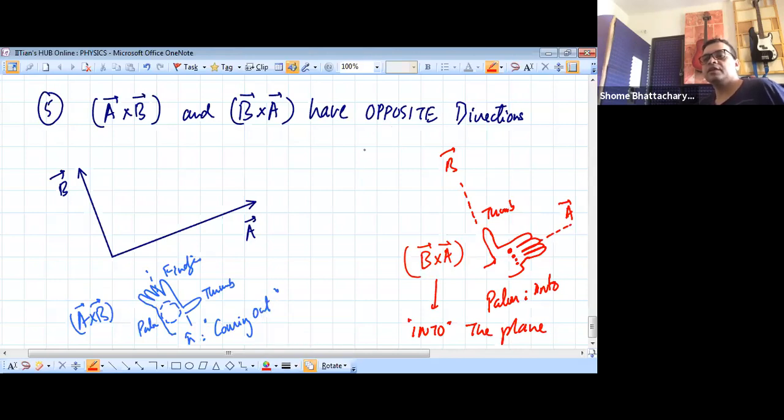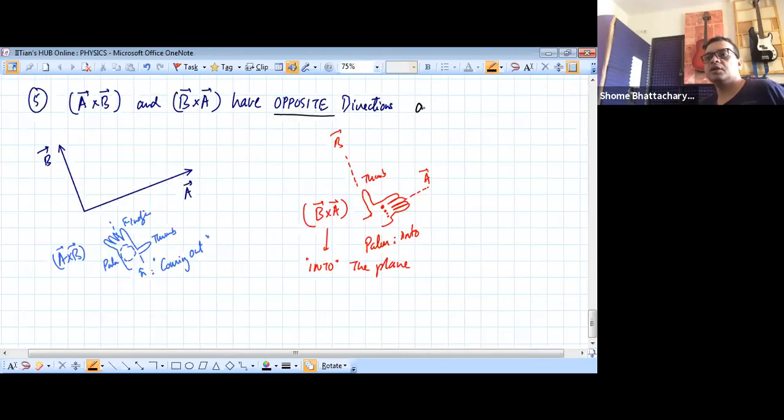So they have opposite directions. For any two given vectors, if A cross B is coming out, then B cross A will be going in. If A cross B is going in, then B cross A will be coming out. So always they have opposite directions, but equal magnitudes.